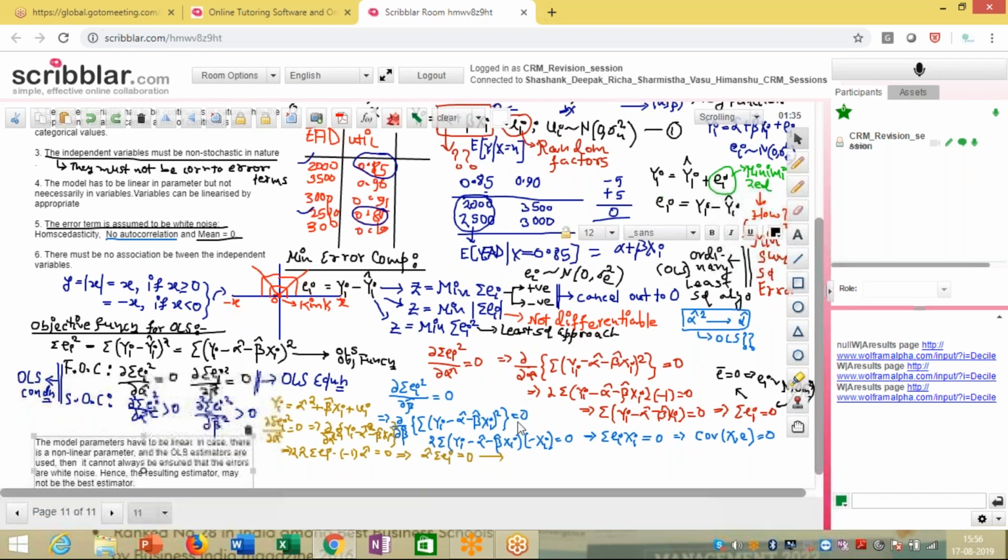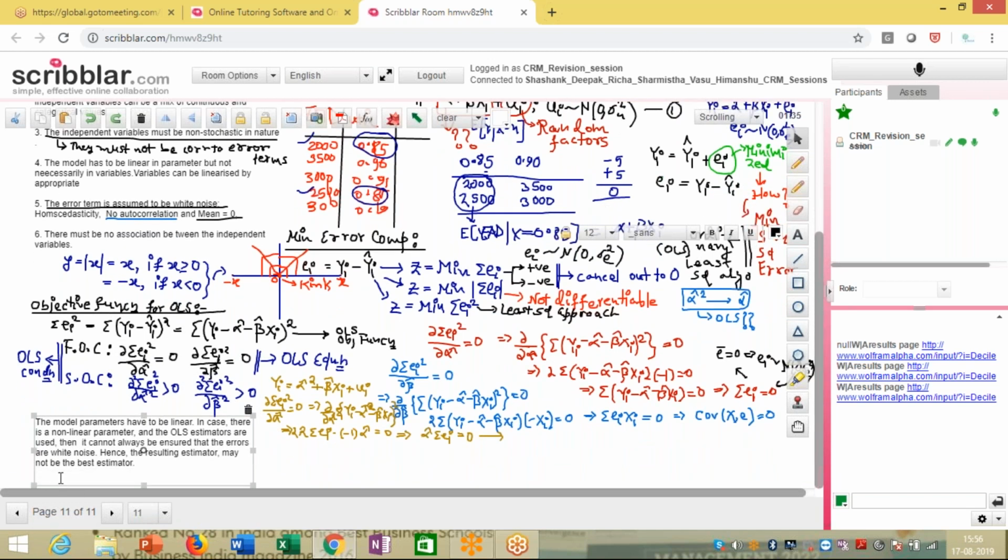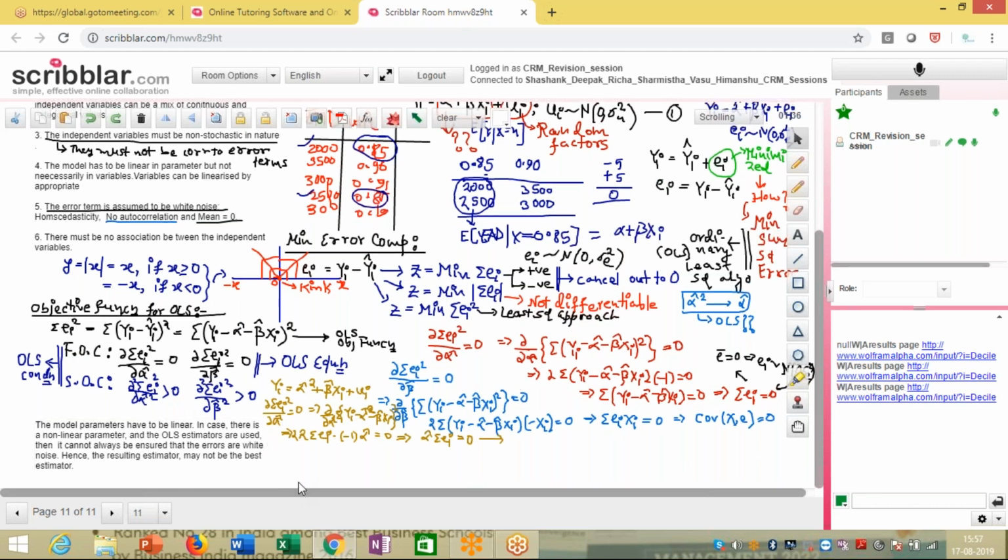Hello. Yeah, tell me. Sir, the alpha is like a constant. Yeah, the alpha is the intercept term. The beta hat is the slope coefficient. If beta is beta square, will you treat it as a variable or the same parameter, a non-linear parameter or a non-linear variable? No. Alpha hat and beta hat are parameters, right?